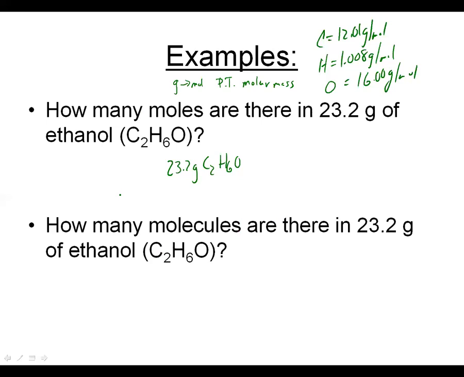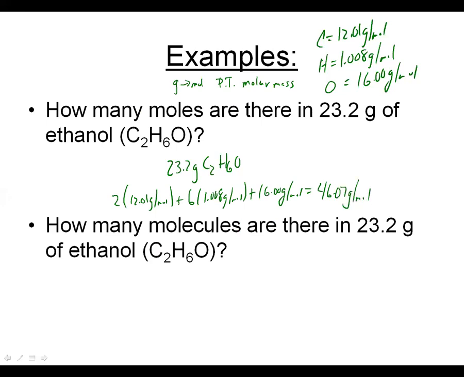In this case, we have 2 times 12.01 for our carbon, plus 6 times 1.008 for our hydrogen, and 16 grams per mole for our oxygen from the periodic table. And that gets us 46.07 grams per mole as our molar mass.